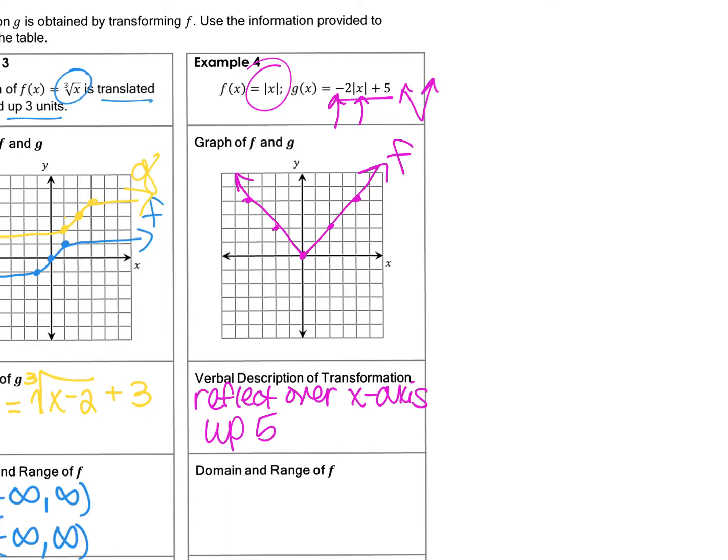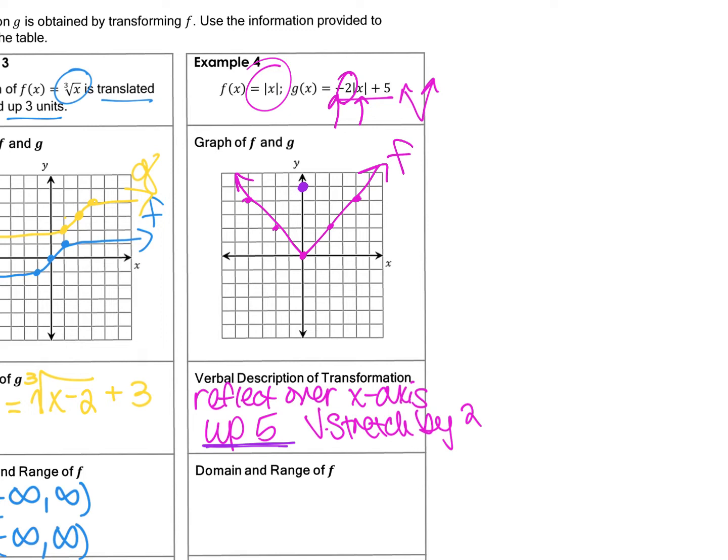So I'm going to go ahead. You always want to shift first your 0, 0. So I'm going to shift up 5. 1, 2, 3, 4, 5. And then I can worry about the reflection. Now, I forgot to put, there was a 2 in front. So there's also a vertical stretch by 2. Okay, so normally our points are 1, 1, 2, 2, 4, 4.